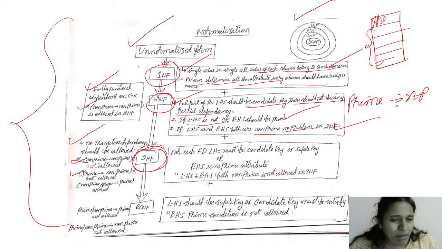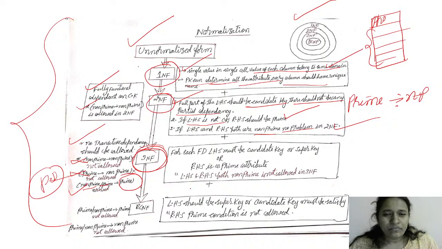Prime to non-prime, which is a partial dependency, is also not allowed. If it is not allowed in 2NF, it is not allowed in 3NF also. Non-prime to non-prime or prime, if the right hand side is prime, then there is no problem in 3NF. For each functional dependency, the LHS should be a candidate key or super key, or the RHS is a prime attribute.